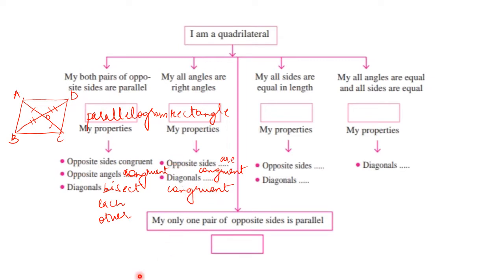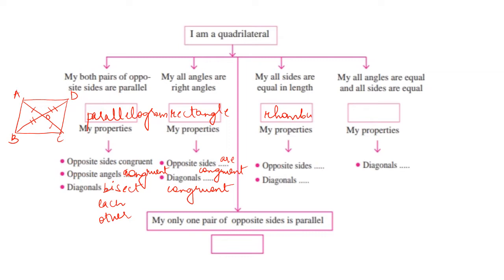Then the next is: my all sides are equal in length, and they have also given opposite sides. Again this cannot be a square because they have not said that all angles are 90° or right angles. So this is a rhombus.